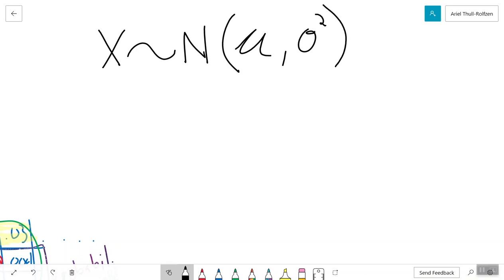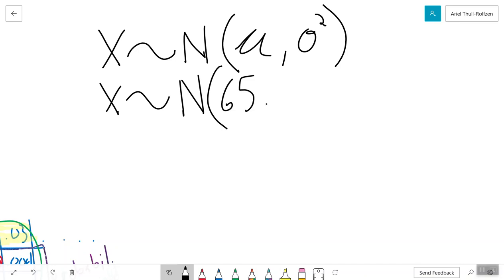We can plug in our own information. We can say that X is normally distributed with N, 65.78, our mean, and our variance, 13.69. This is not an equation. This is just a way that statisticians use to say that this data set is normally distributed.